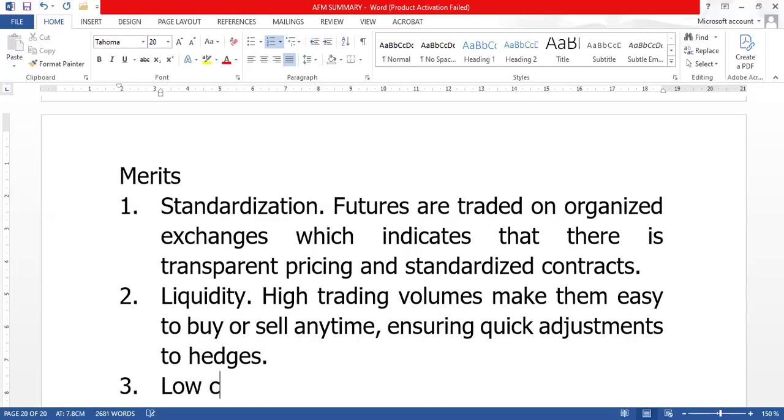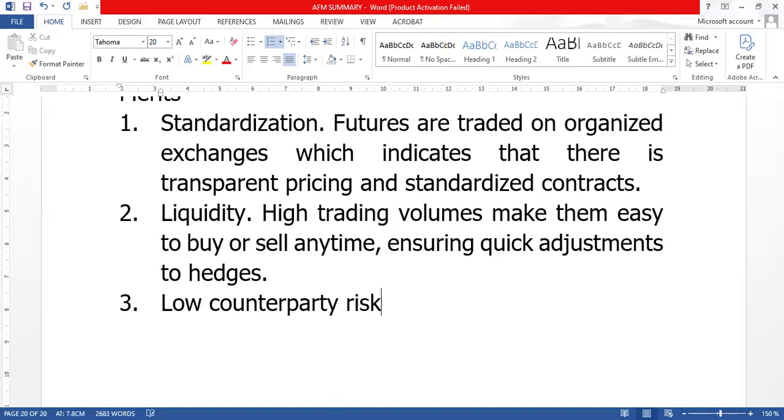I also look at the low counterparty risk. The low counterparty risk is a very key point. Why? Because we are involving the clearing house.